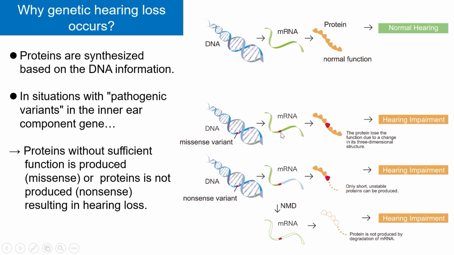Based on this messenger RNA, the protein loses its function due to a missense change or three-dimensional change, or no protein is produced at all. Thus, the patient has hearing impairment.